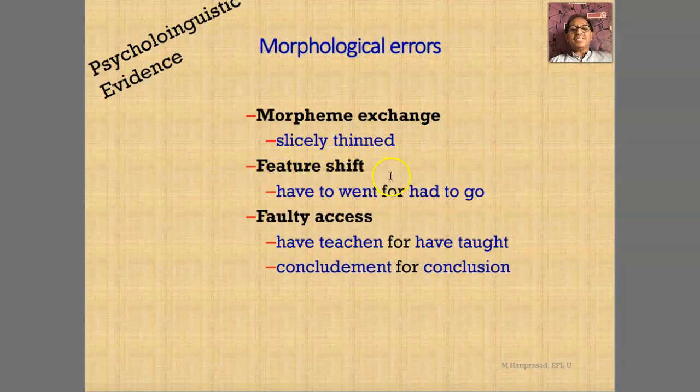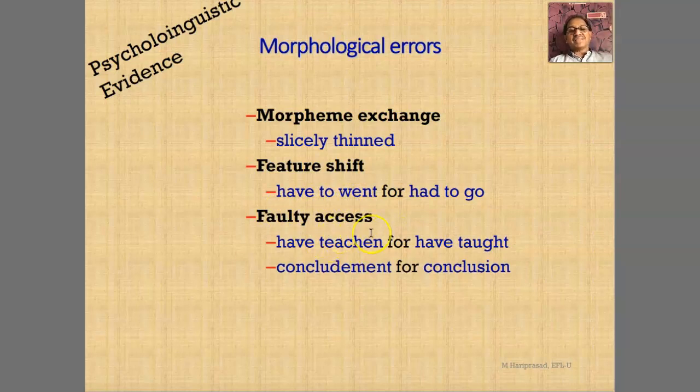Or a feature is shifted, particularly the past tense form. Now, the past tense which is supposed to occur on the auxiliary is shifted to the main verb. Instead of saying had to go, we may quickly say have to went. Right? A tongue slip, an error.